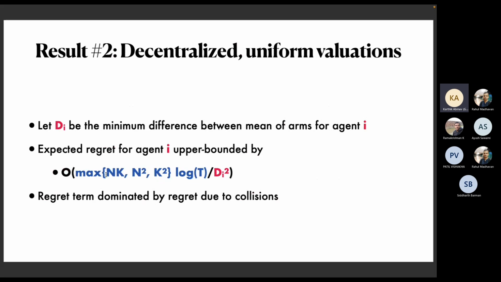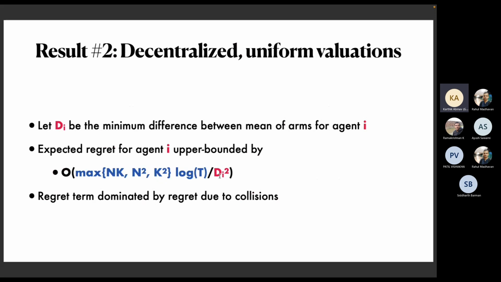You would think so, because if n equals 1, which is the bandit setting, k log T is the best dependence. And then you would hope that the dependence on the number of agents should be n. The important part here is the dependence on the gap, which is defined as the minimum difference between any two mean rewards.